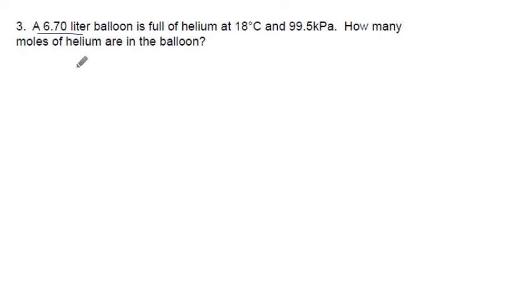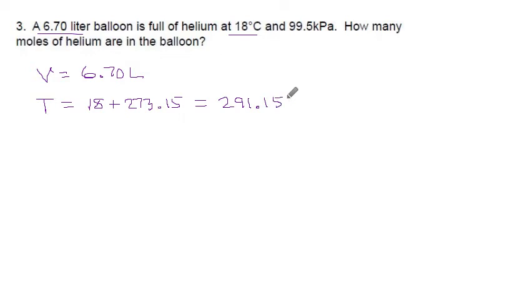Okay, what have they given us here? Volume, 6.7 liters. So they didn't try the milliliter trick on us this time. Temperature, they tried the Celsius thing on us. Temperature is 18 degrees plus 273.15, gives us 291.15 is our Kelvin temperature. I know you see Celsius all the time, you get used to it, but it is no good for this kind of problem.